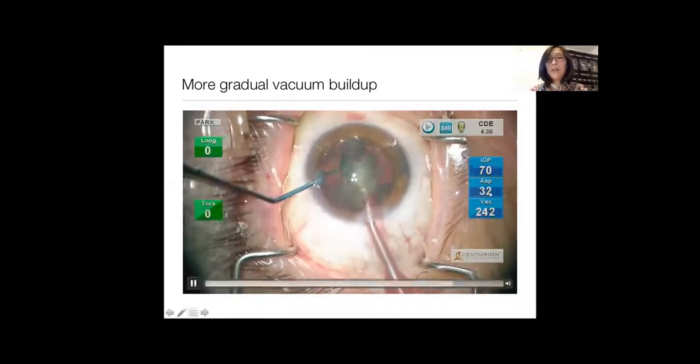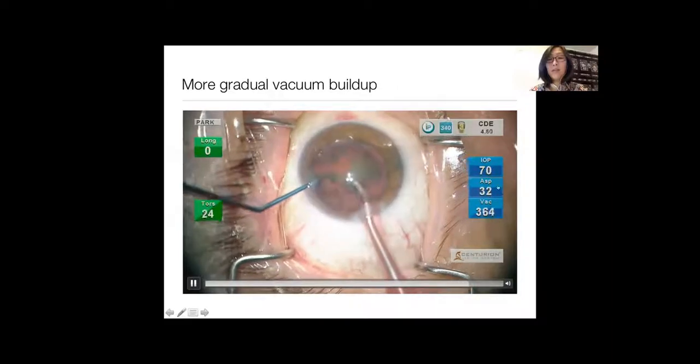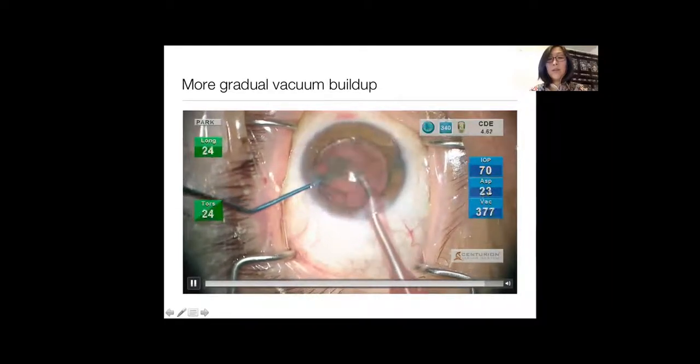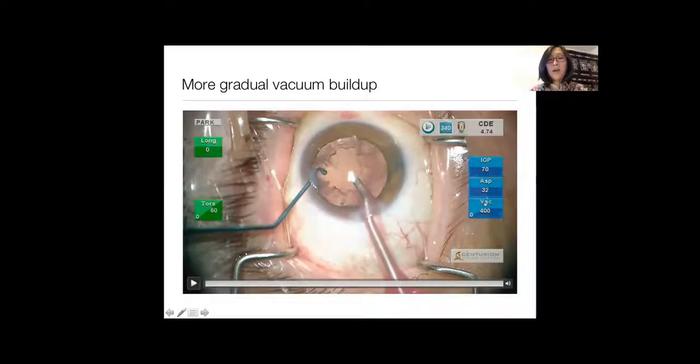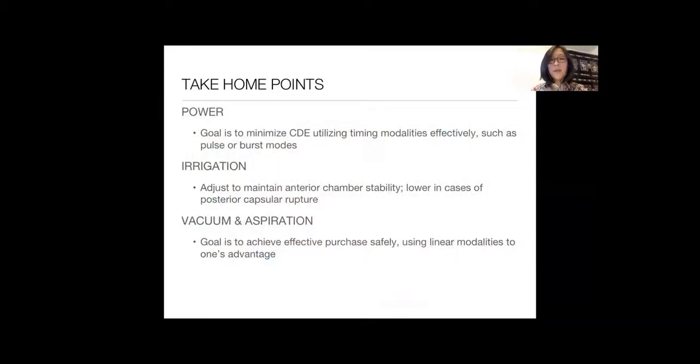And so you can see here my aspiration maximum is at 32, and this is how quickly the pieces will come. And then the vacuum allows me to phacoemulsify and really hold on and grab those pieces adequately. So my take-home points are: your goal is to use only the power needed in order to phacoemulsify your lens, and not too much power.